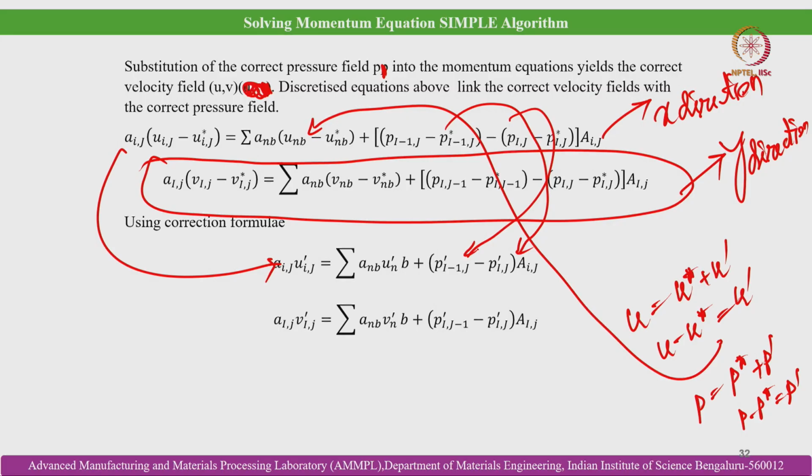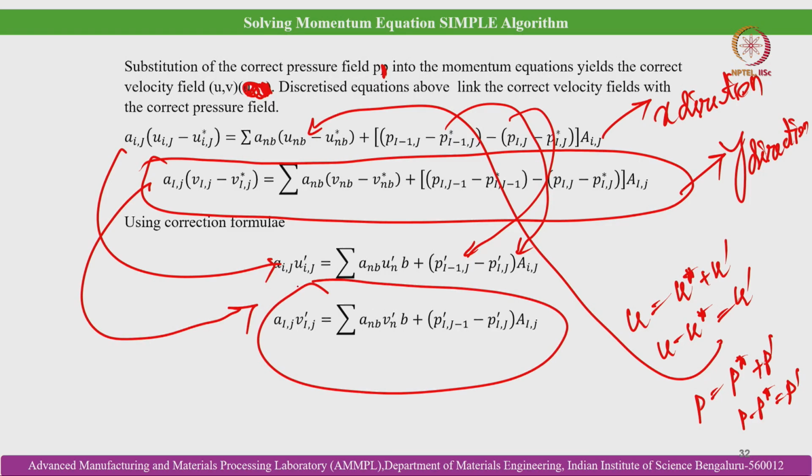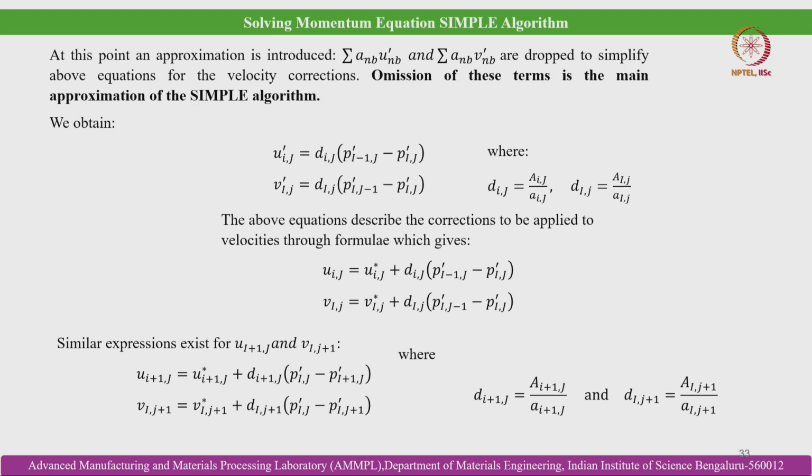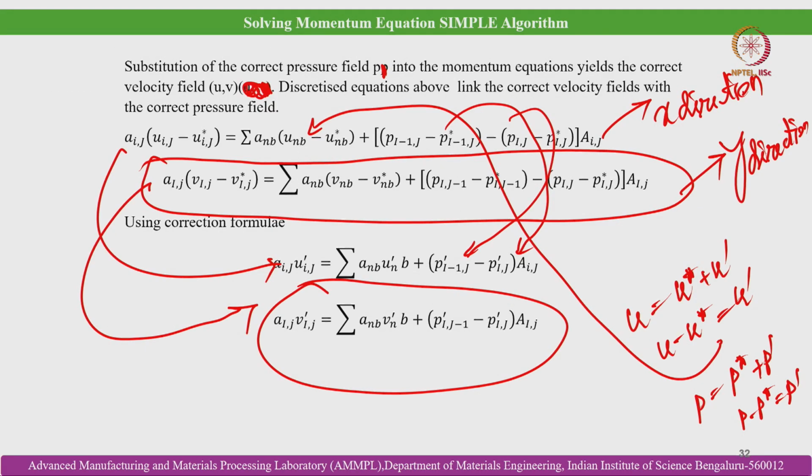Similarly for the y component, the similar procedure is followed and this equation is simplified to this equation. At this point an approximation is introduced. Summation of A_nb u prime_nb and summation of A_nb v prime_nb are dropped to simplify the above equations, which are the equations discussed in the earlier slide.